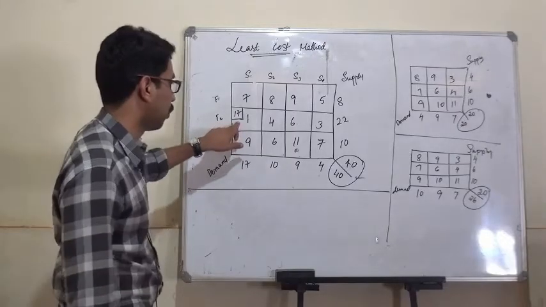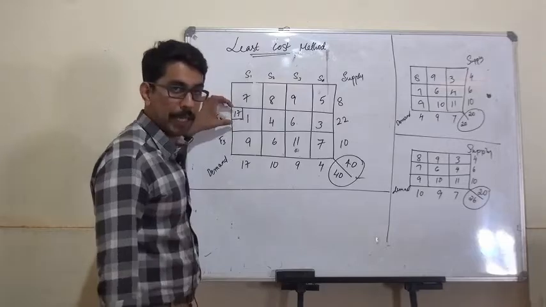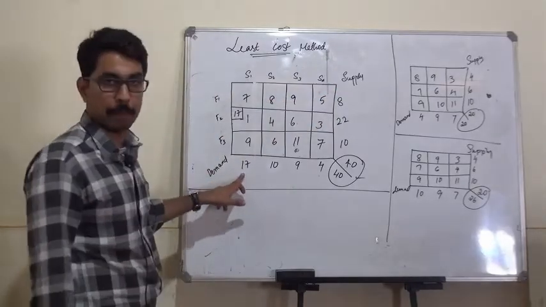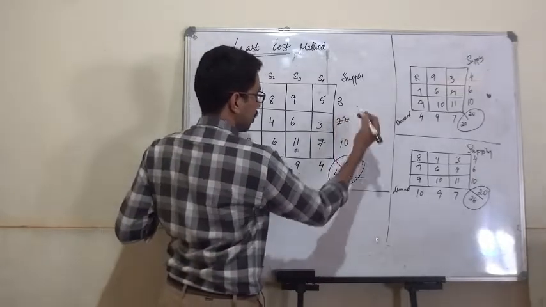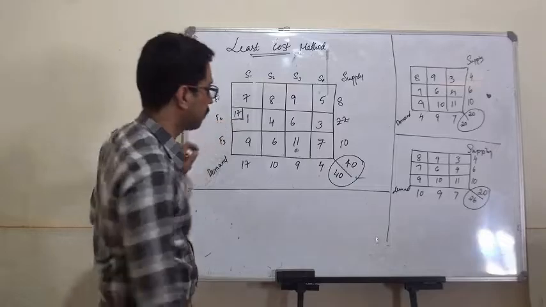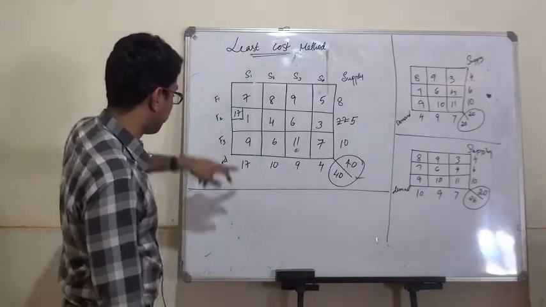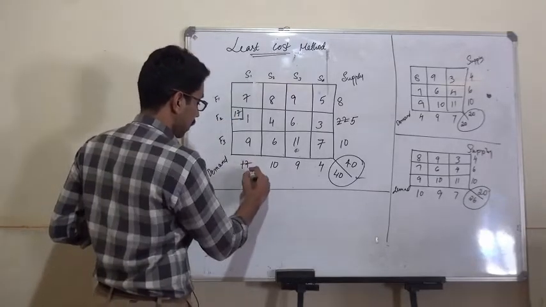After allocating, the next step is to subtract this allocated value from the respective supply value and demand value. When we subtract, we get 22 minus 17 equals 5, then 17 minus 17 equals 0.